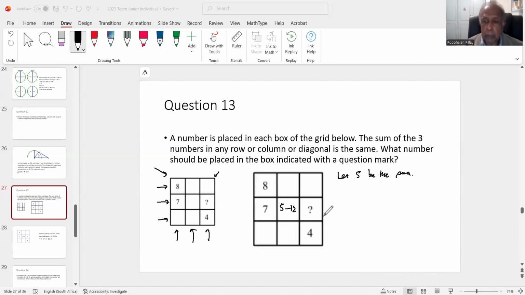Okay. Now here too, when you add, oh, I see. Yeah. So you can get the answer straight away because you've got two numbers here and these three numbers add up to S. So you have to take S minus the sum of these two.